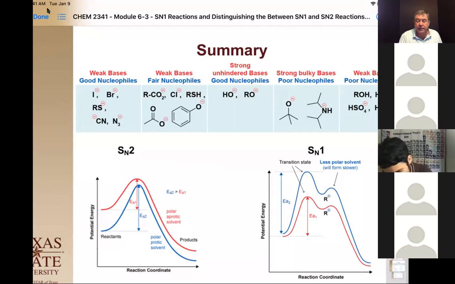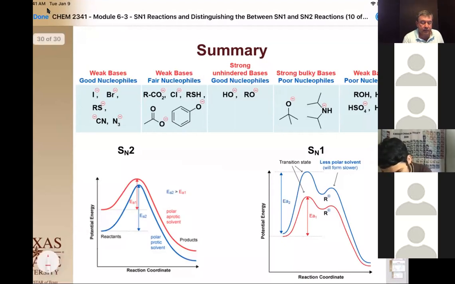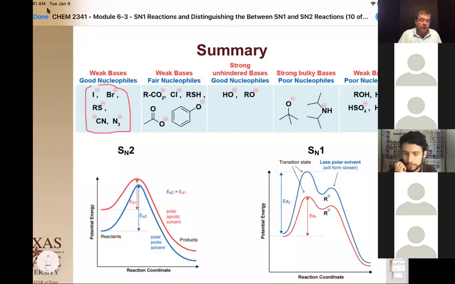So that gives us an idea that these two halides and sulfur and this carbon anion and this nitrogen anion are good nucleophiles, but weak bases. So the next thing we go up is, okay, what would be weak bases but are not necessarily as good?